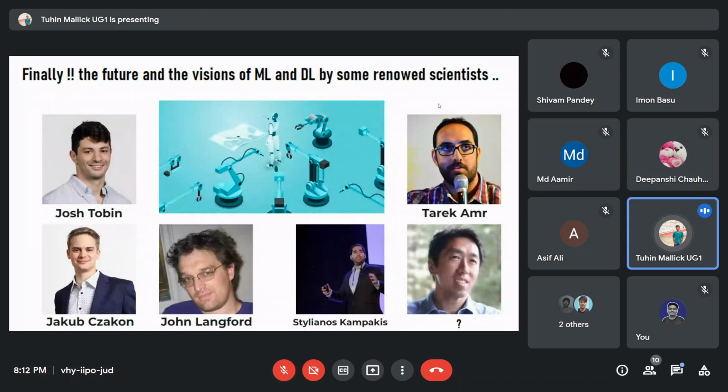As I have read out the question, the current biggest machine learning challenge faced by machine learning developers, the answer given by Josh Tobin was: I am currently working on infrastructure to help data scientists make the leap from experimentation to production.